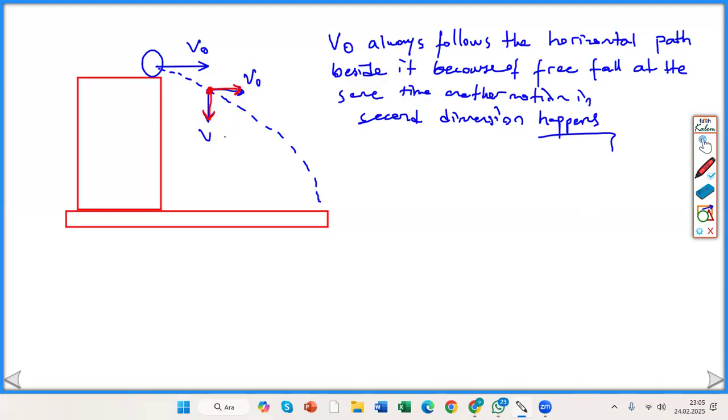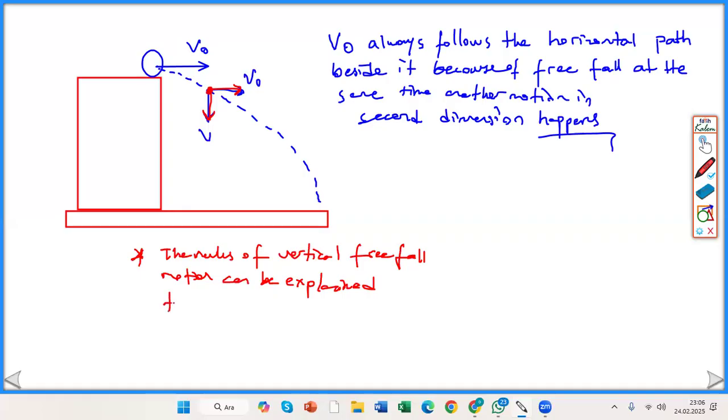So, as you can easily realize, the vertical motion can be explained by the rules of free fall motion, by the formulas belonging to free fall.